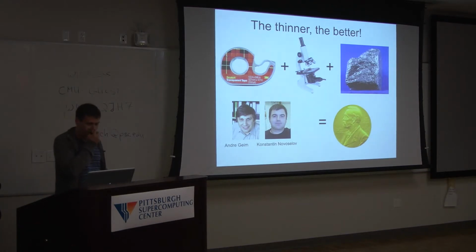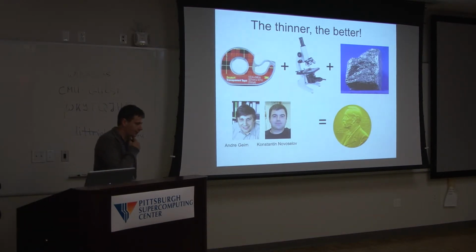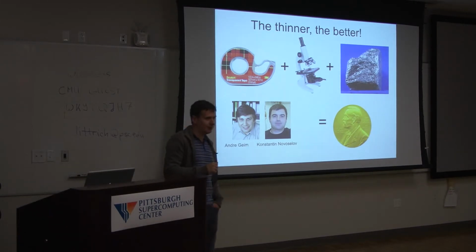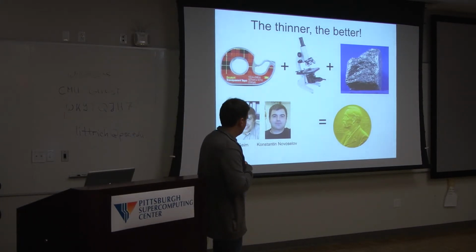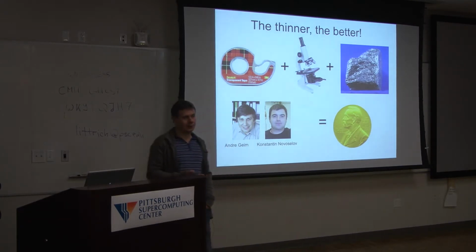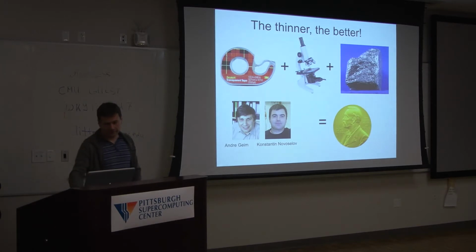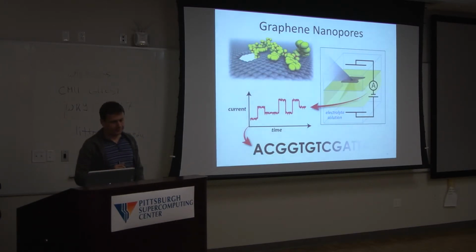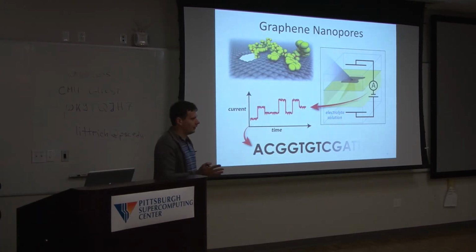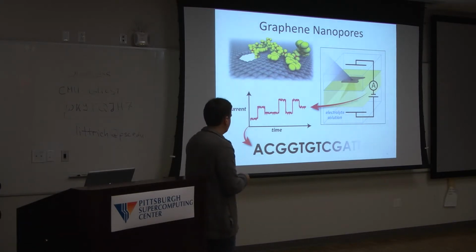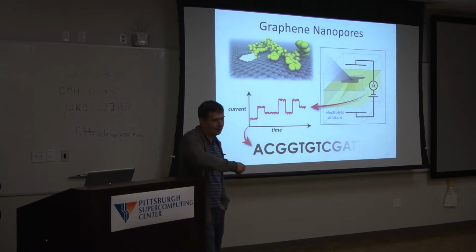You are all familiar with the Nobel Prize that was given in 2010 for the discovery of graphene and demonstration of its use. And of course, graphene is a perfect material for nanopore sequencing because it's atomically thin. So here's the proposal. We'll take a layer of graphene with a single pore in it, and maybe we can use the graphene to sequence DNA.